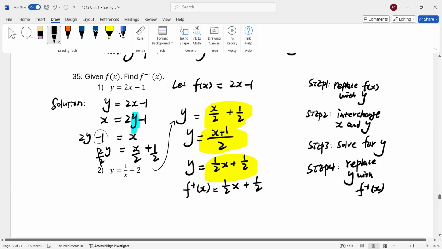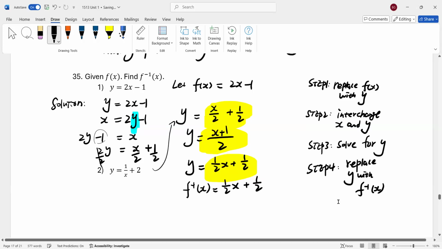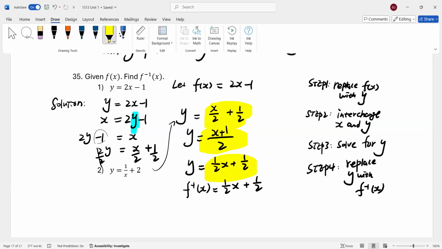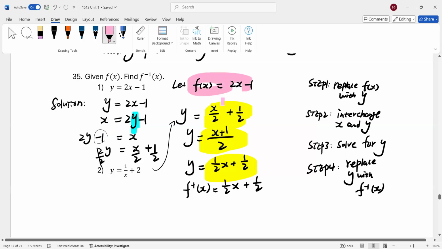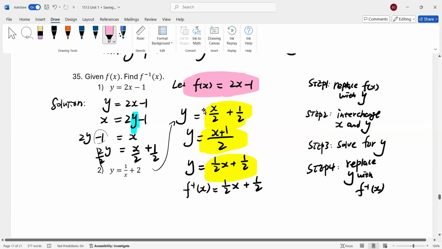So the general process to find the inverse function for a one-to-one function has 4 steps. If the function is given as f of x, like f of x equals 2x minus 1, the first step is to replace f of x with y. And then step 2 is to interchange x and y. You're going to write y as x, write x as y.